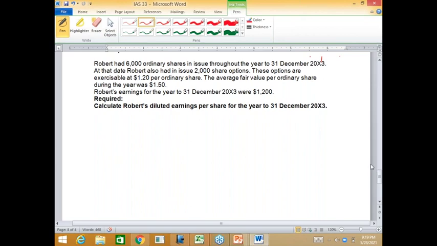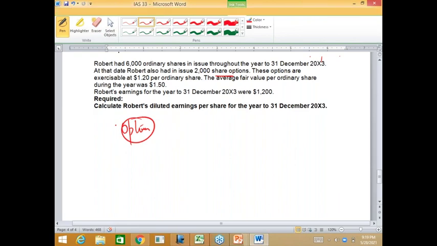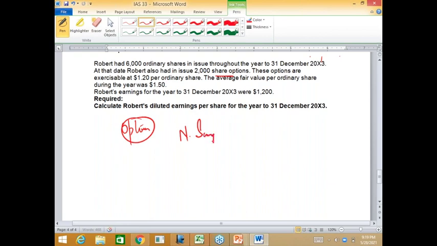Now, this question is related to options. This is again called the potential ordinary shares because the option can be converted into ordinary shares. So, notional savings will be 0.